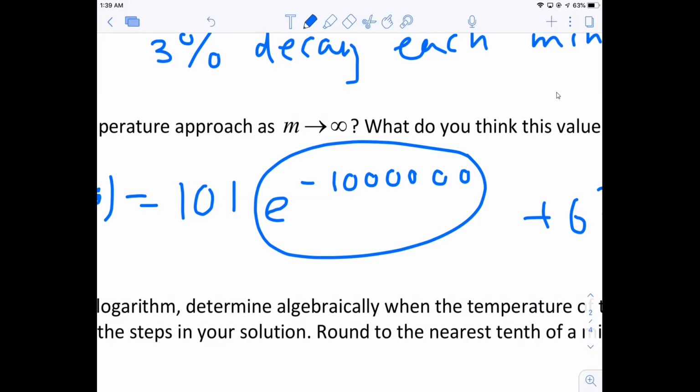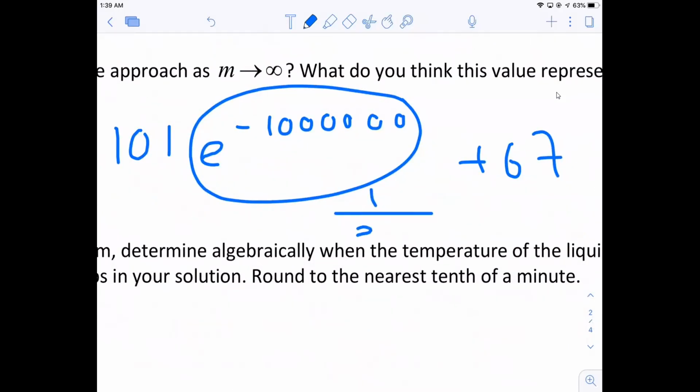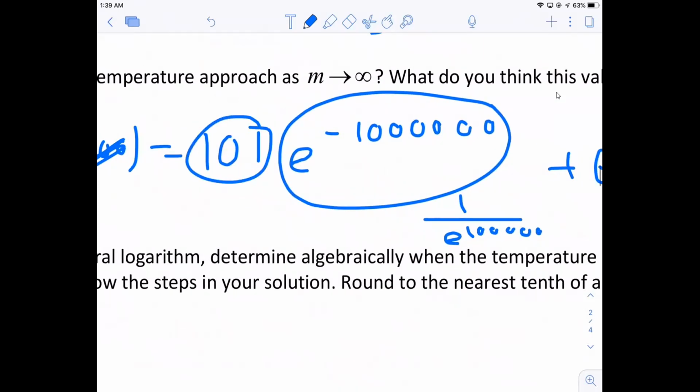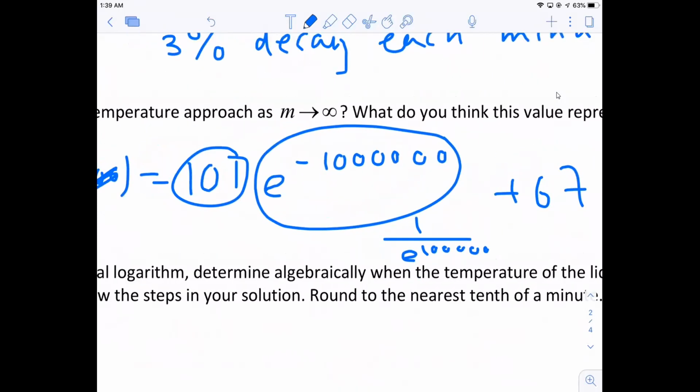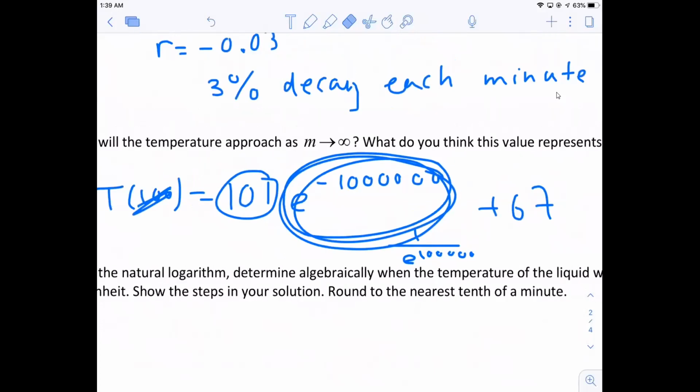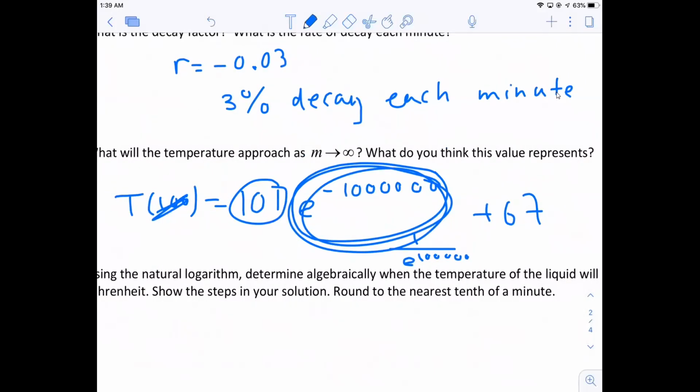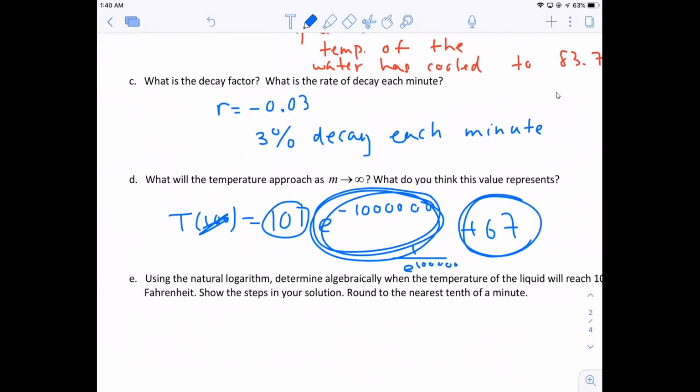Well, that's going to be 1 over e to a very, very big number, which is really close to 0, right? It's going to be minuscule. So it doesn't matter that that's a 101. Eventually, this is going to approach 0, right, as m gets very big. And so what I'm left with is just 67. The temperature is going to approach 67 degrees as m gets very large.